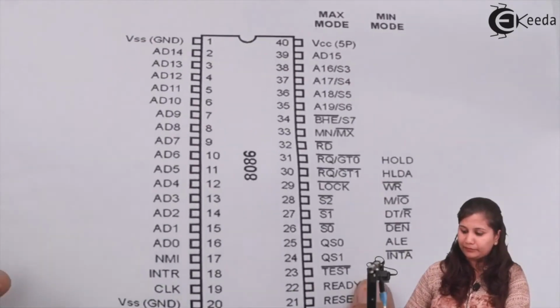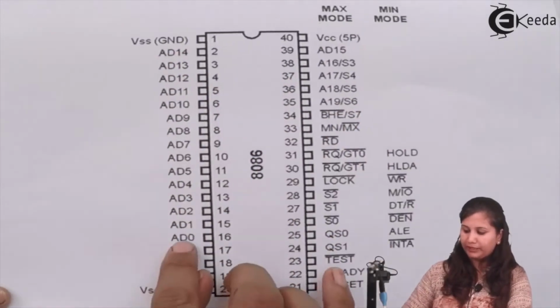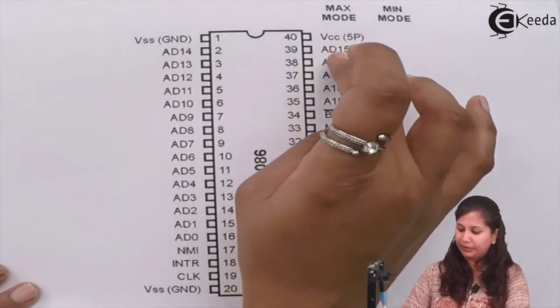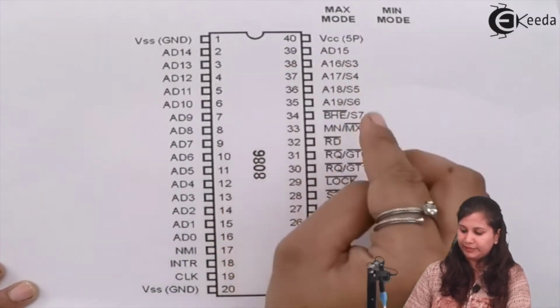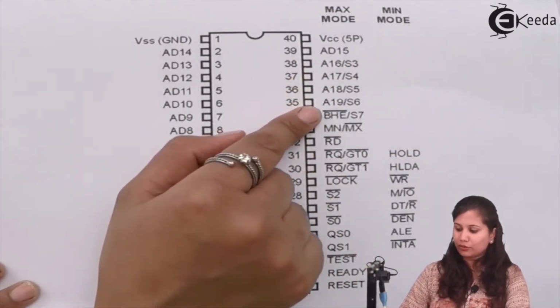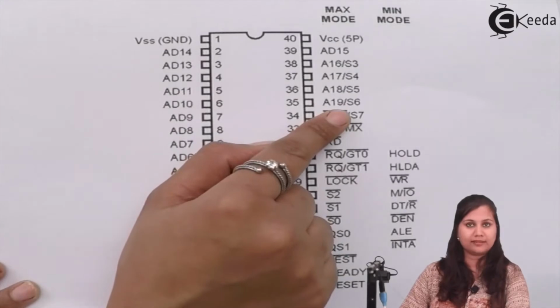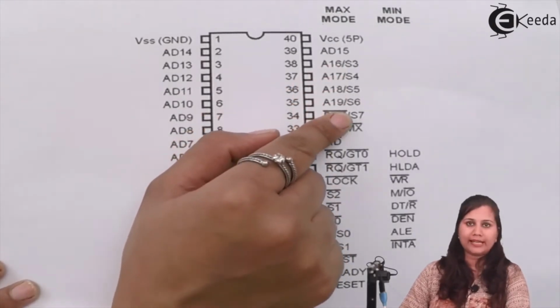Next, we have the address and the status signals. You can see in the pin diagram that the address and the data bus were multiplexed from AD0 to AD15, and the remaining pins 38 to 35 can work as the 4 address lines also, and as the 4 status signals also, that is S3, S4, S5 and S6.